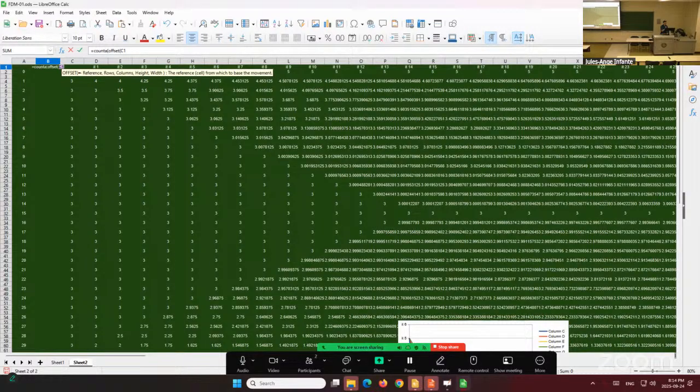We'll just count from there to the end. Set C1 to 0, 0 with one row.